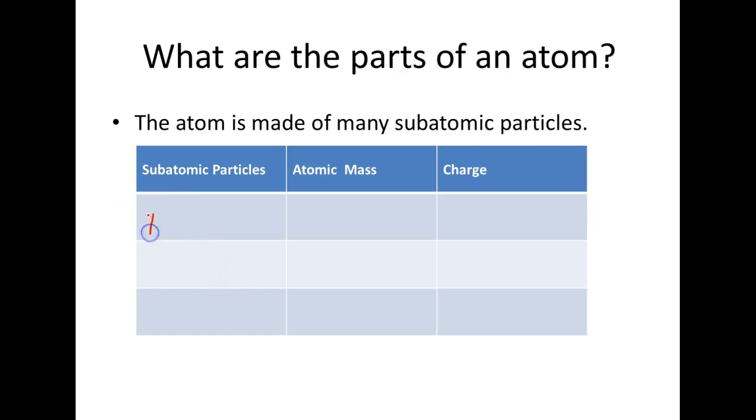So we have protons, we have neutrons, and we have electrons. Now, as I said before, we have many other subatomic particles, and we're finding new ones every year, but these are the ones that seem to dictate how the atom is going to behave mainly.